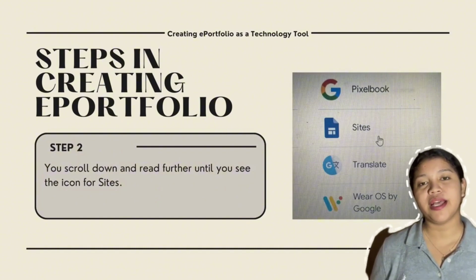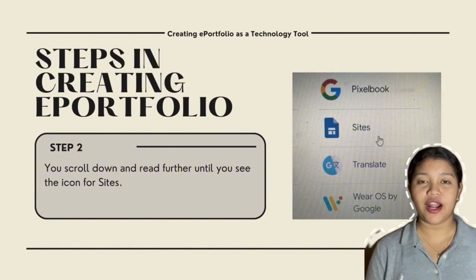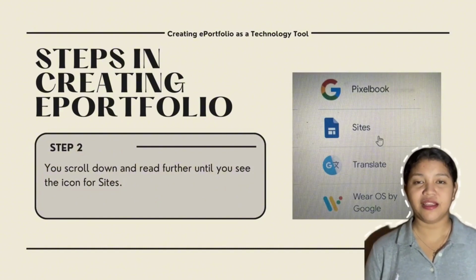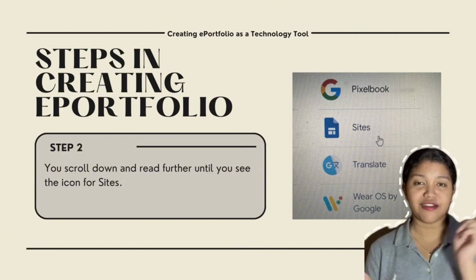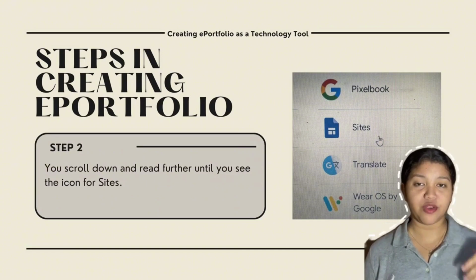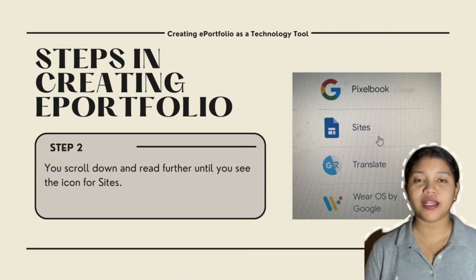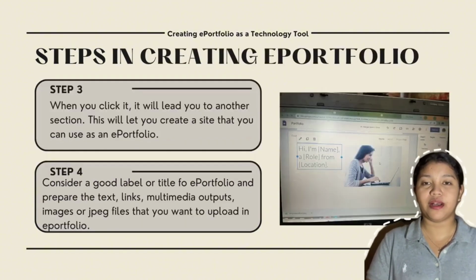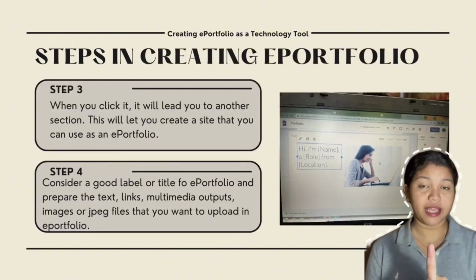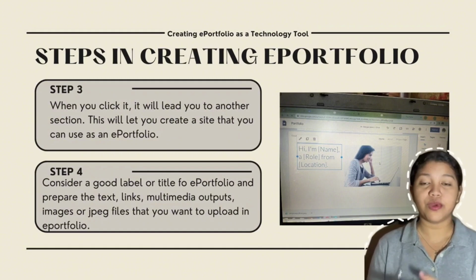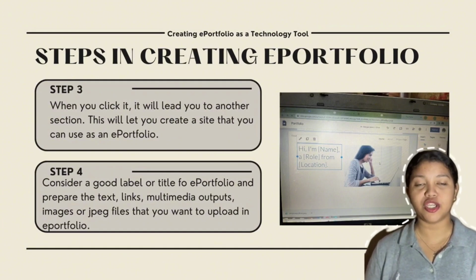For the next step, you are going to search for Sites. If you can't see Sites in the first click, you scroll down until you find it. Then, once you see Sites, that's when step 3 will come. You click Sites, and it will lead you to another slide, then the page where you can create your e-portfolio will appear.